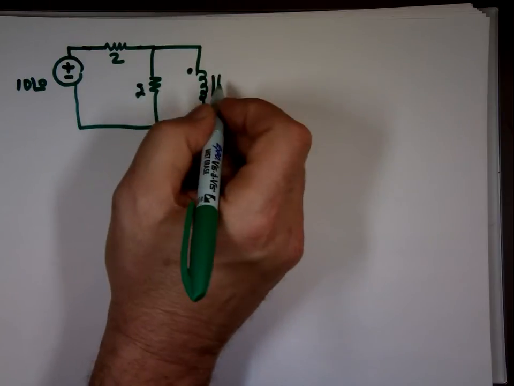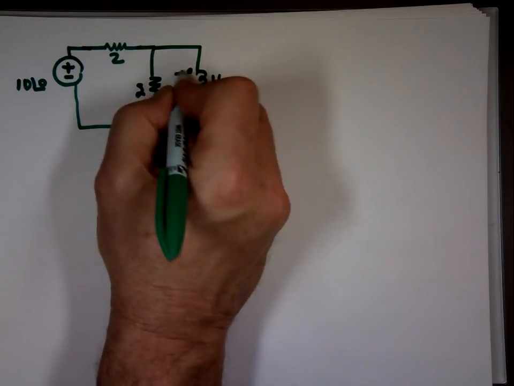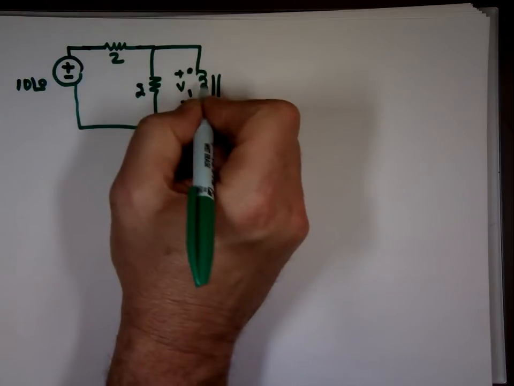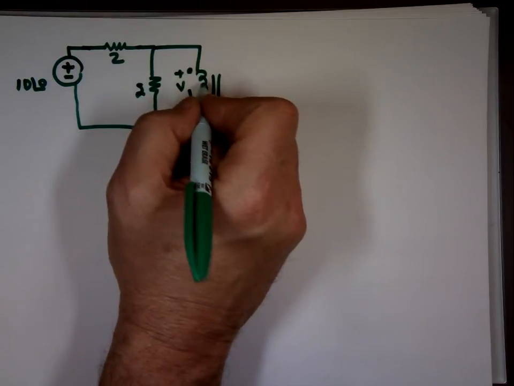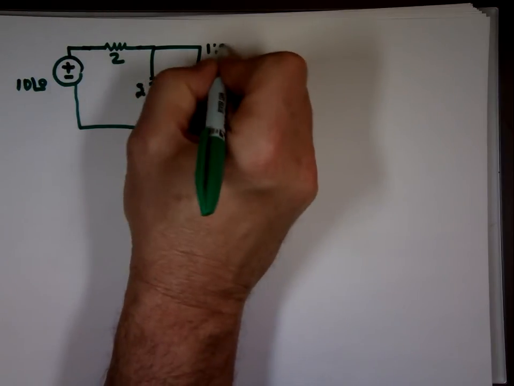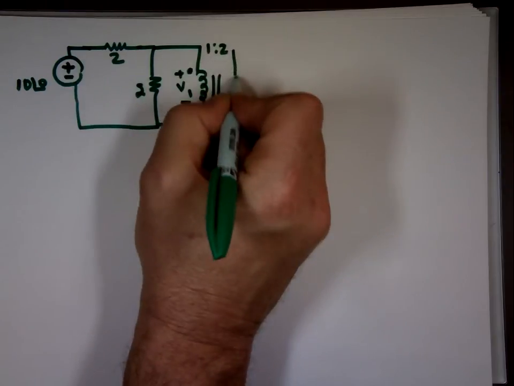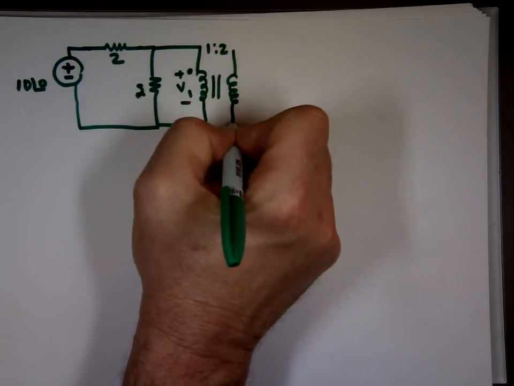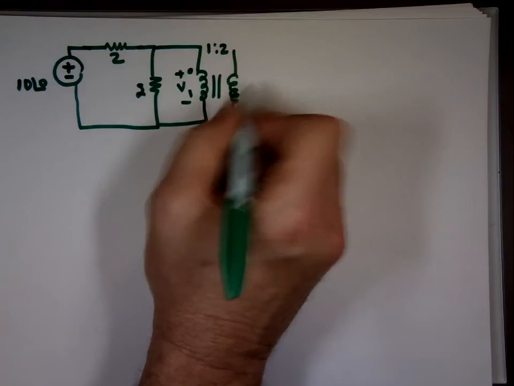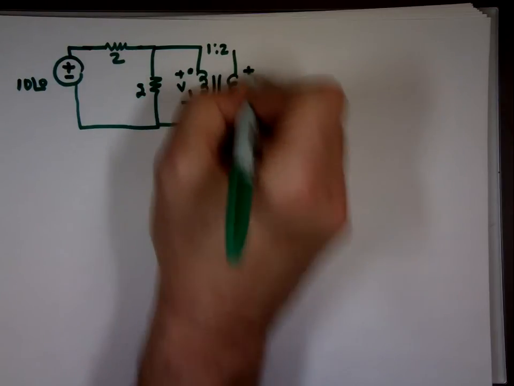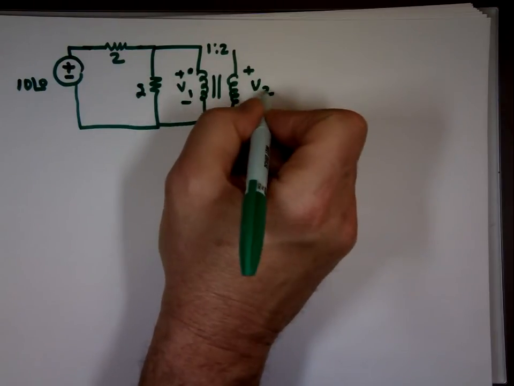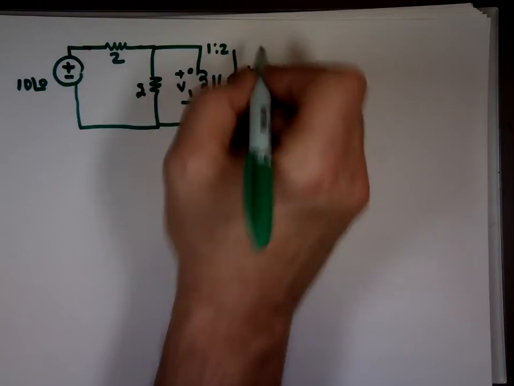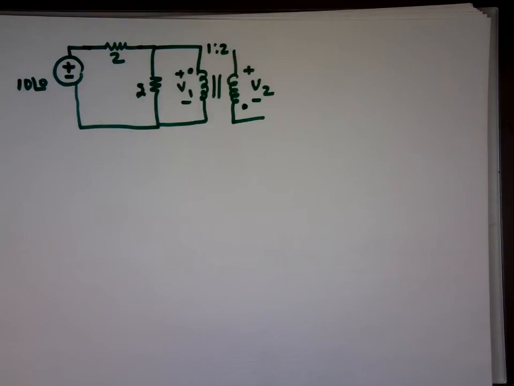This is V1. I think it's 1 to 2, if I'm seeing things. Plus minus V2. Wait, did it have the dots on there? Did it show the dots? Yes. Okay, I forgot to write them down there.